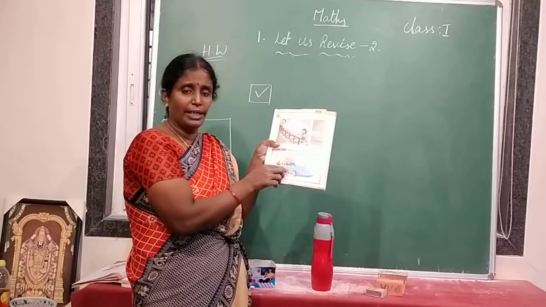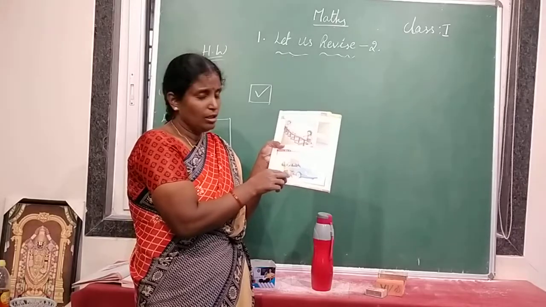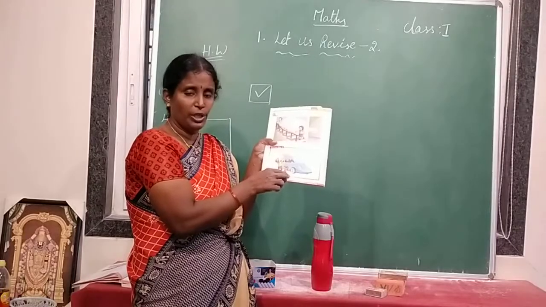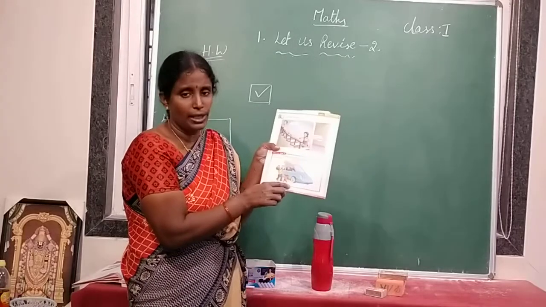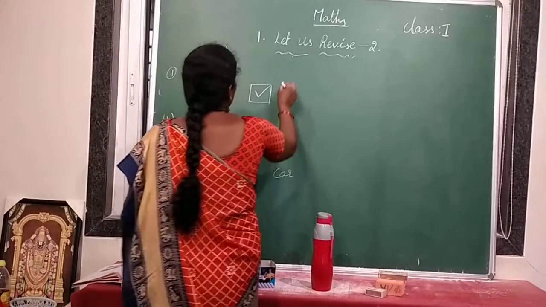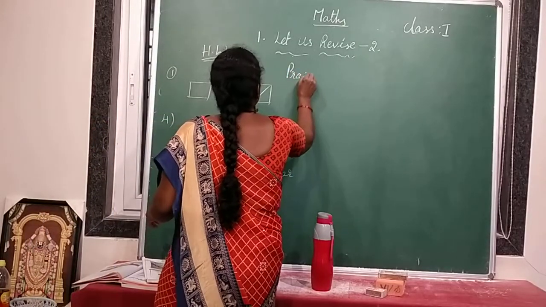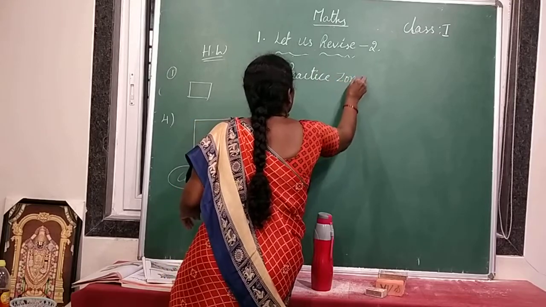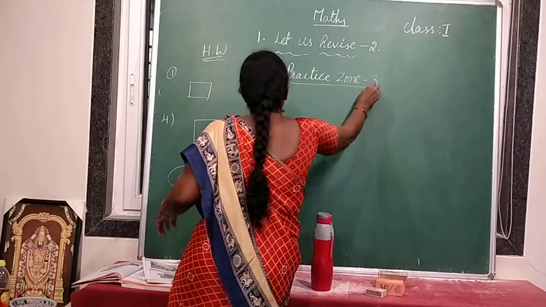So we have to write B for dog because it is at the bottom. Understood? Practice zone 3.